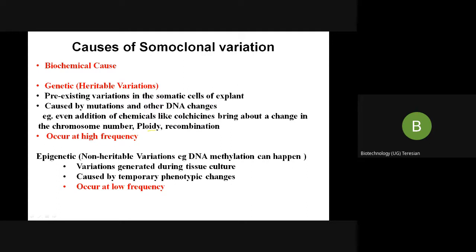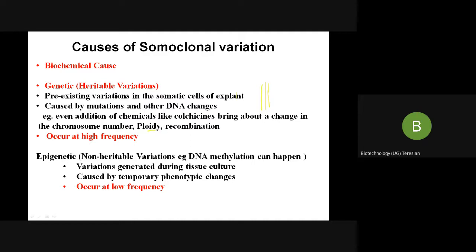I'll draw it and show you all. For example, if this is the chromosome, this is a pair of chromosomes. Suppose this is a diploid, and suppose one more chromosome adds to it. What is this? It is a triploid. So ploidy has occurred.